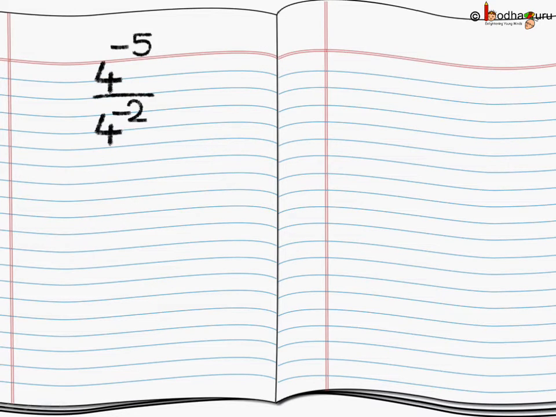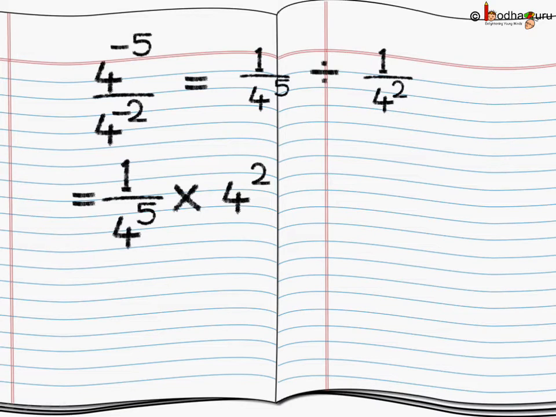So let us put this value in the given problem. Here we have 4 to the power minus 5 divided by 4 to the power minus 2. This can be written as 1 divided by 4 to the power 5, and this is divided by 1 by 4 to the power 2. This gets reduced to 1 divided by 4 to the power 5 multiplied by 4 to the power 2. Why?